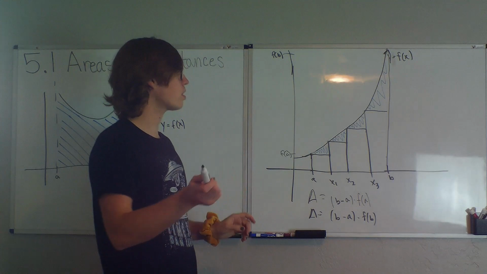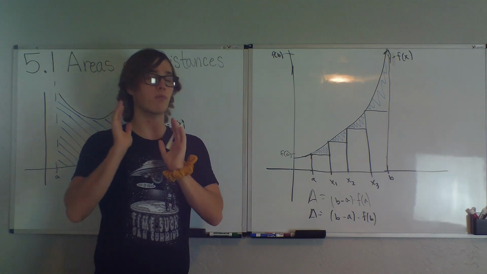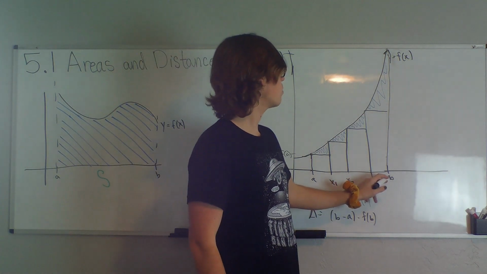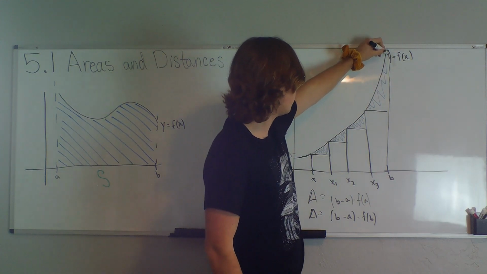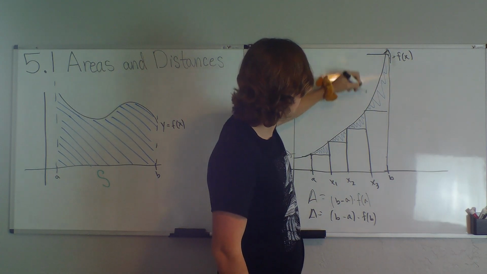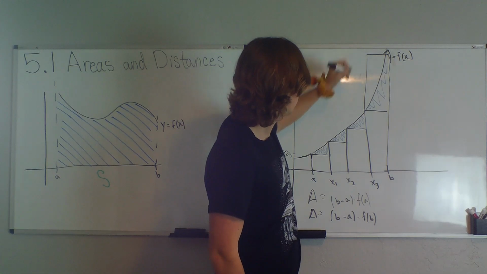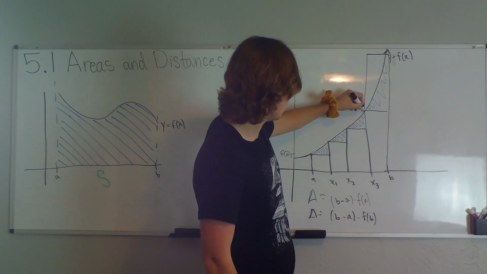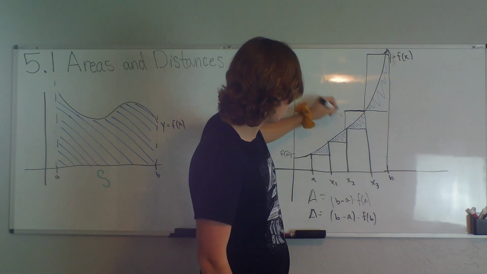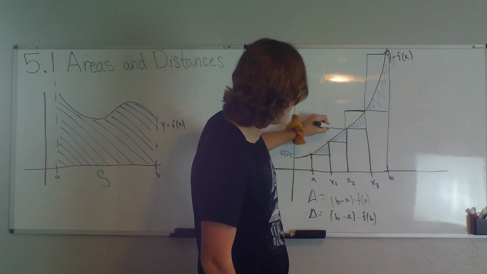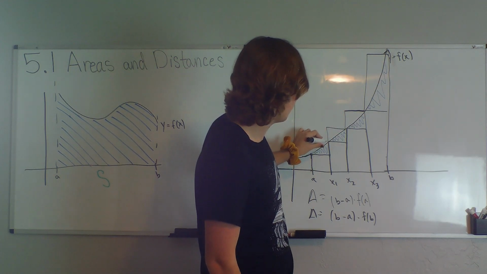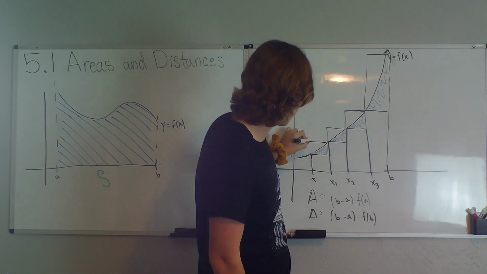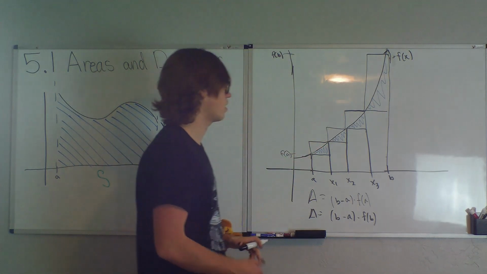Okay, let's do a similar example, but instead try with right endpoints. And how do we do that? Well, we go up to f of B, which is all the way up here, and we go over to x3. Okay, and then we do the same. At f of x3, we go over to x2, f of x2 go over to x1, and then at f of x1, we go over to A and draw our rectangle.